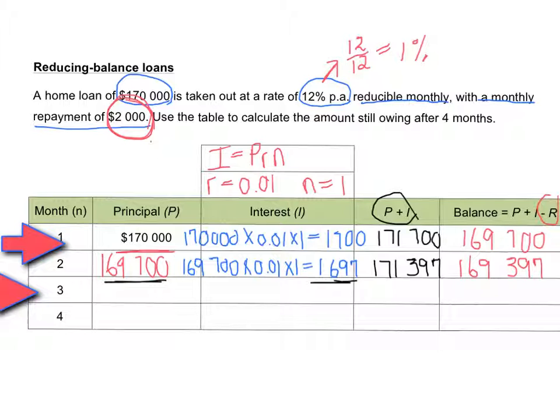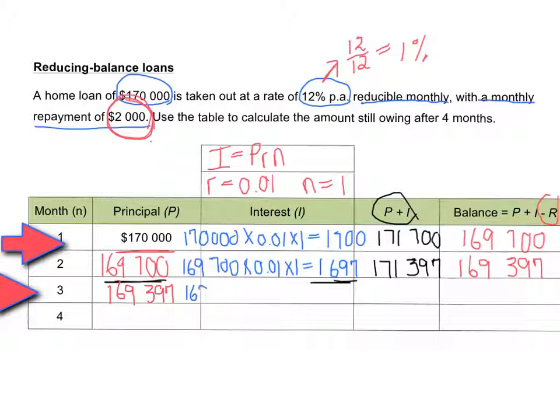So I start month 3 with an outstanding amount of $169,397. I apply the simple interest formula again.